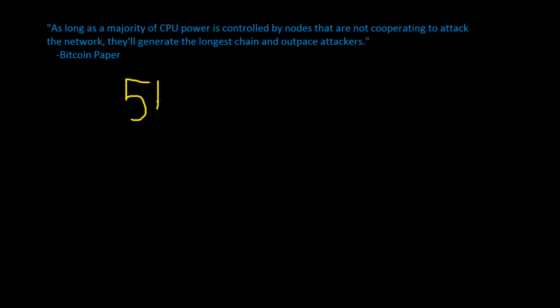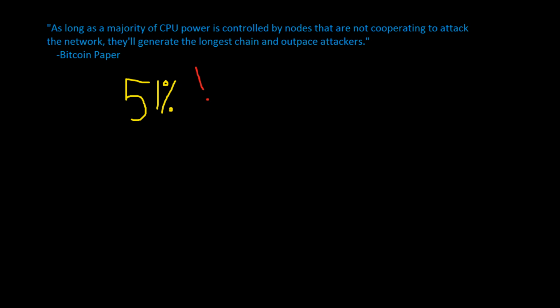So the chain, basically, to understand this, just in case you don't follow along yet, it takes CPU power to generate these hashes. So it's just mathematical certainty that whoever has the most CPU power will have the quickest generation of these hashes.